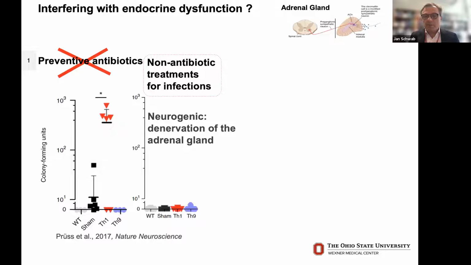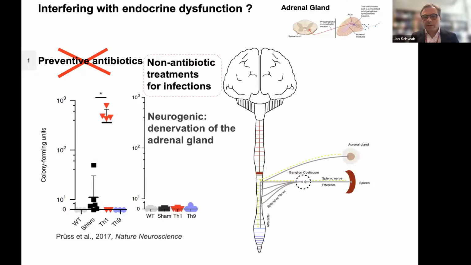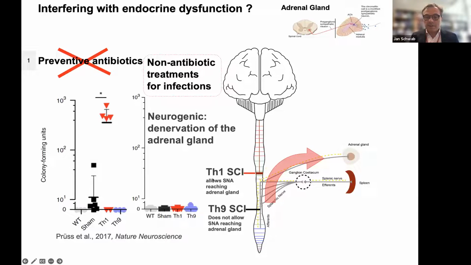So to summarize what I would like to convey to you with regard to these neurogenic mechanisms of immune deficiency, it appears that a low thoracic spinal cord injury does not allow this spinally generated sympathetic nerve activity to ascend high enough. However, if the lesion is high enough, for example after high thoracic spinal cord injury, this sympathetic overdrive can actually reach high enough to branch off and reach the adrenal gland and also immune organs.